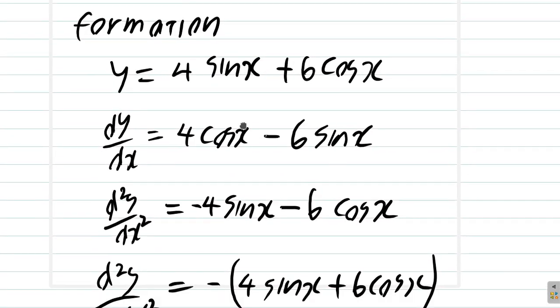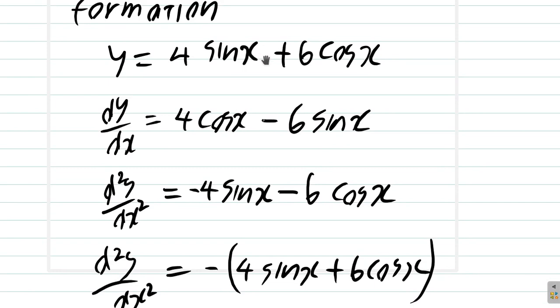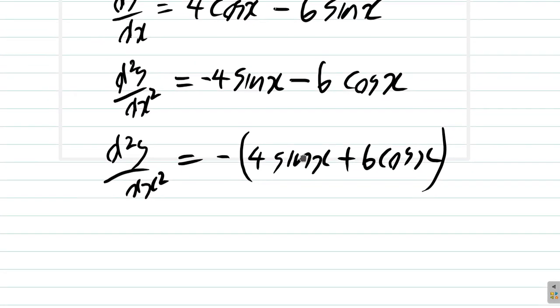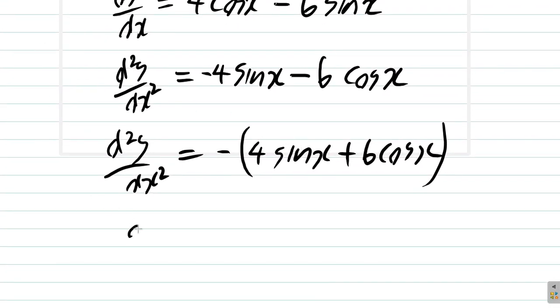Now, let's look at this. This is a 4 sine x plus 6 cos x. But it's a negative 4 sine x plus 6 cos x. And remember, you see the 4 sine x plus 6 cos x here? It is y. So you could say that what you have is d square y by dx squared is equal to negative y.